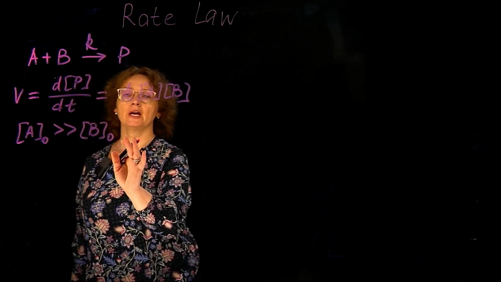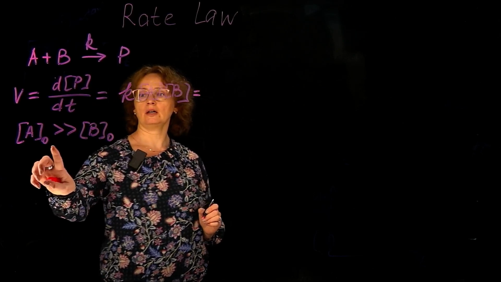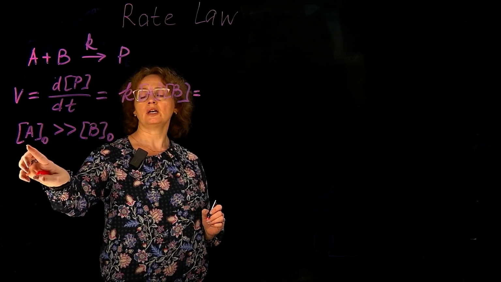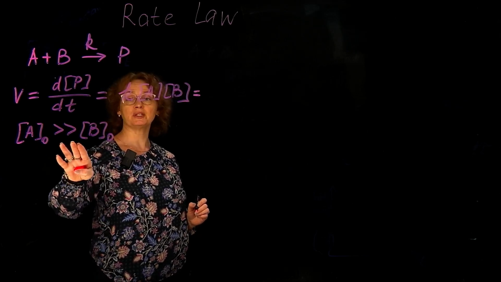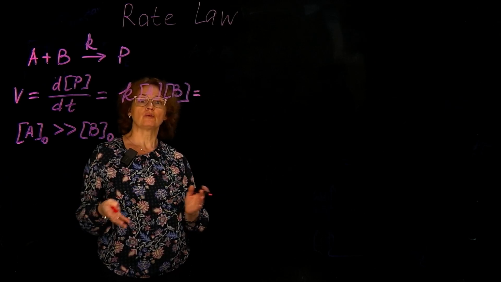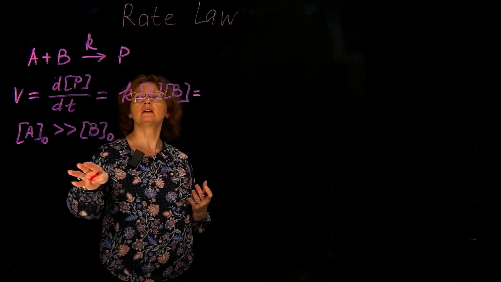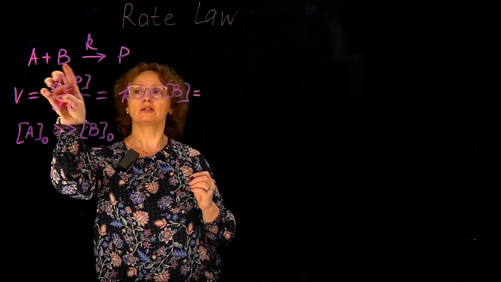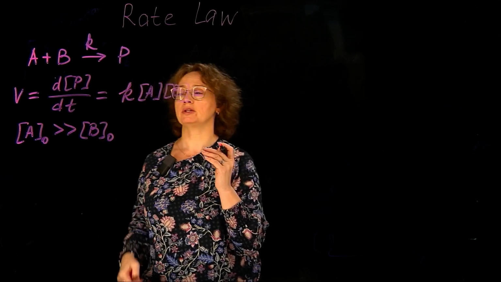If that was the case, we can assume that just a very tiny amount of reactant A is being consumed. And so the total concentration of the reactant A stays more or less equal to what we started with, because each reactant should be consumed in stoichiometric amounts, right?